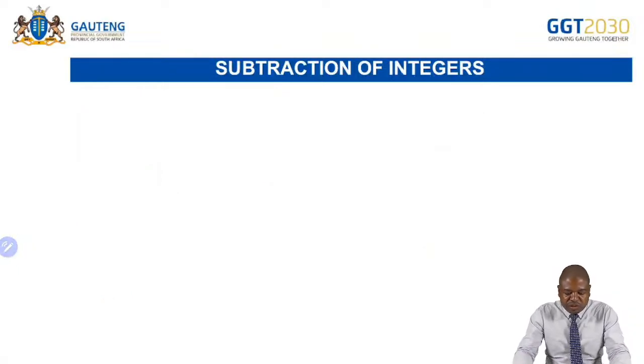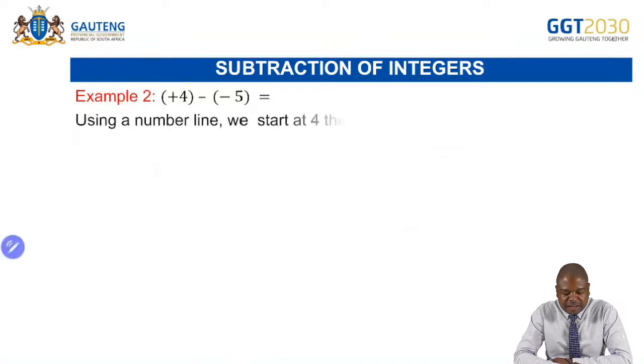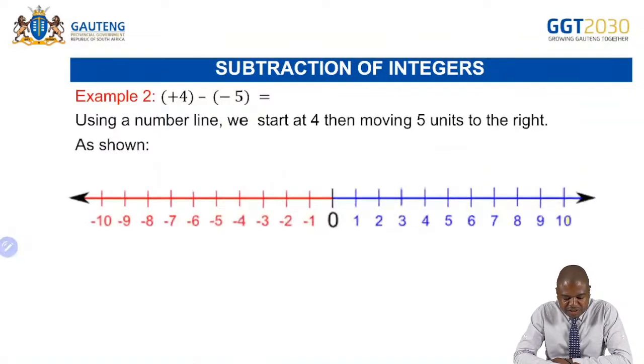But then let's continue and do another example, which is 4 minus -5. Let's go to our number line. We start at 4.